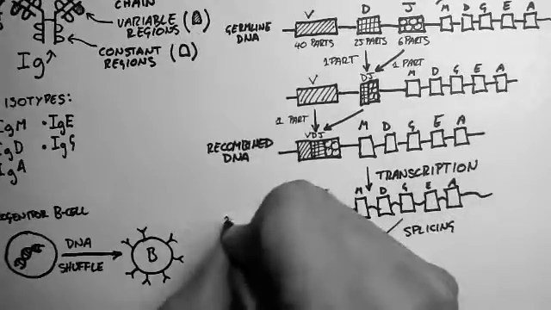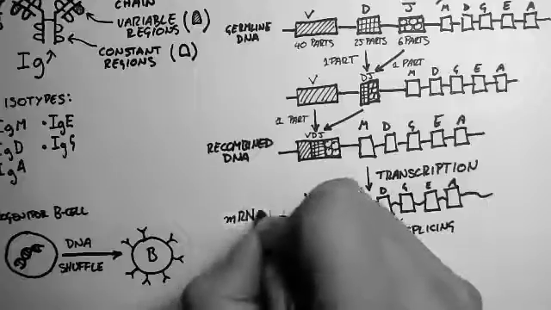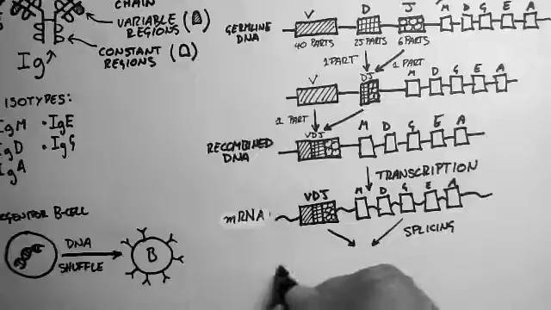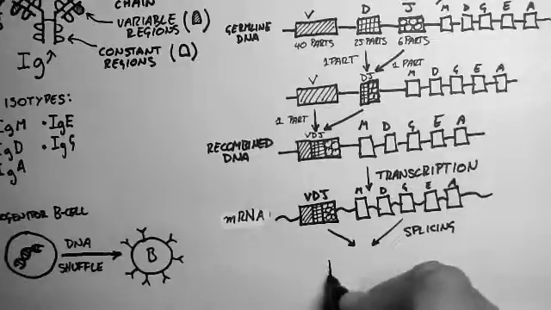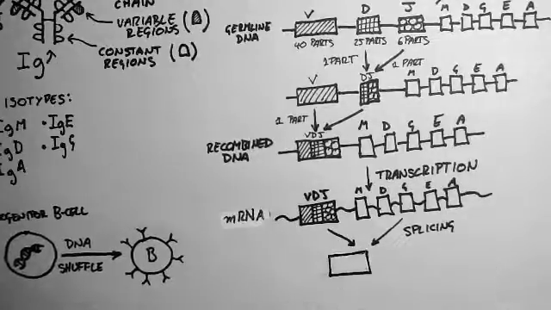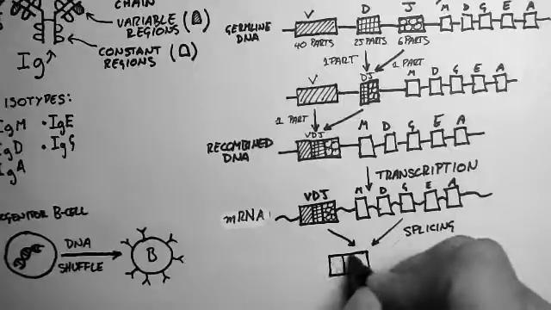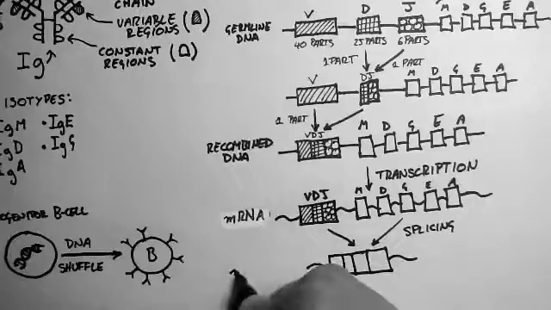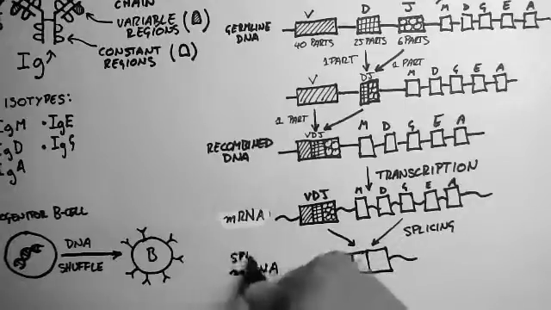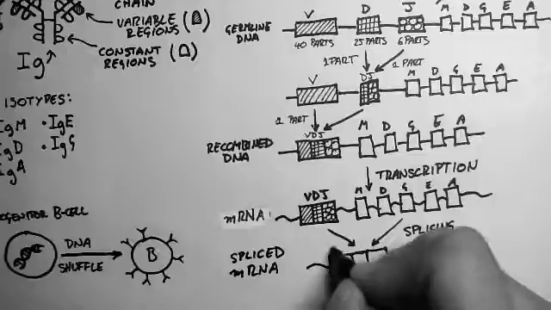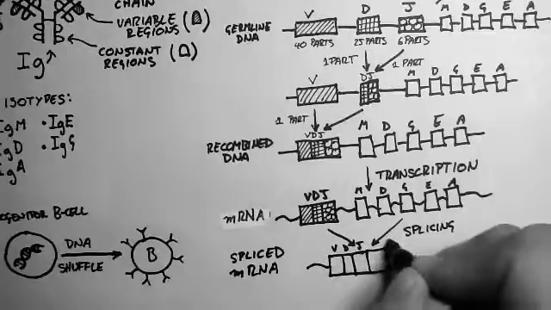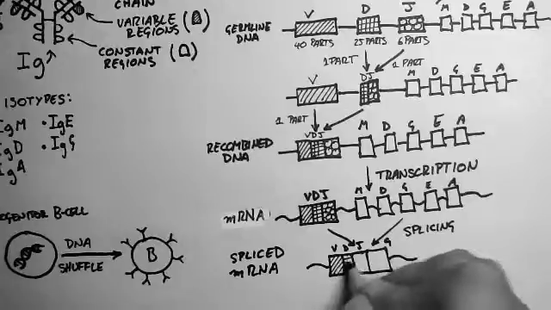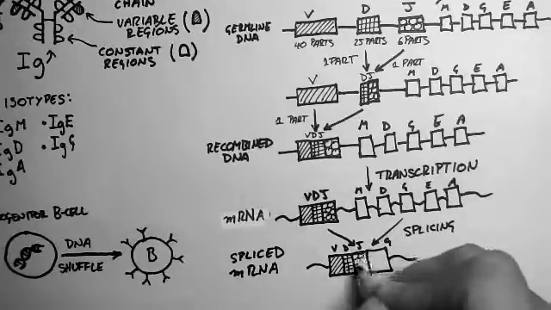So that's mRNA. And this gives us a new spliced version of the mRNA with the V, D, and J region sitting right next to the constant region. So this is a V, D, J, and a G mRNA.